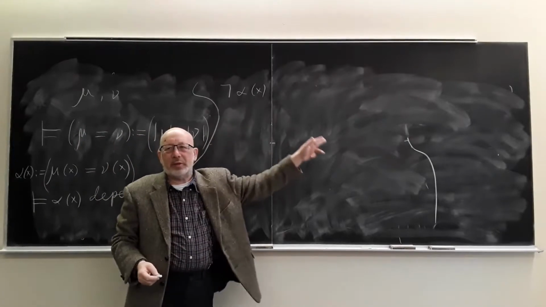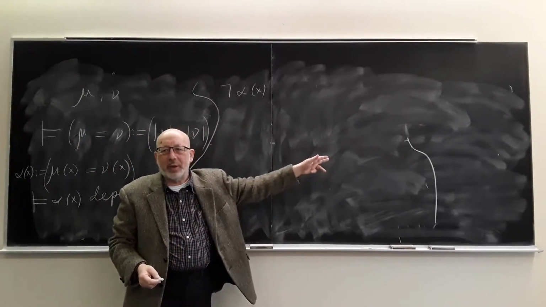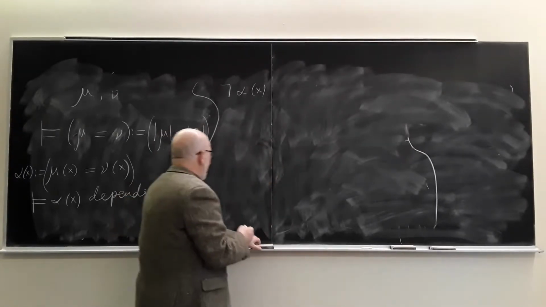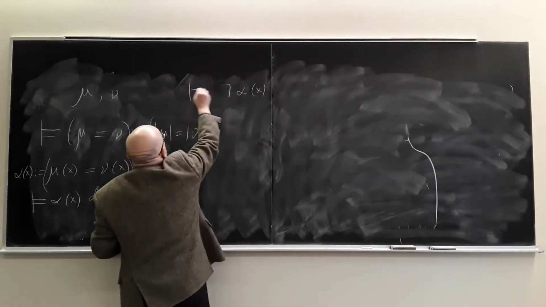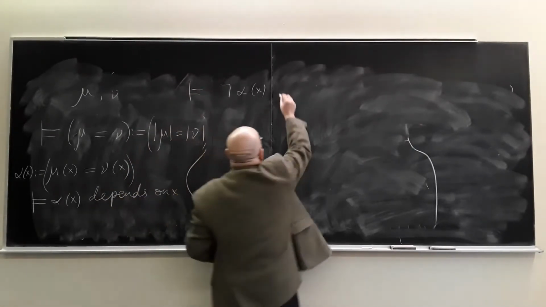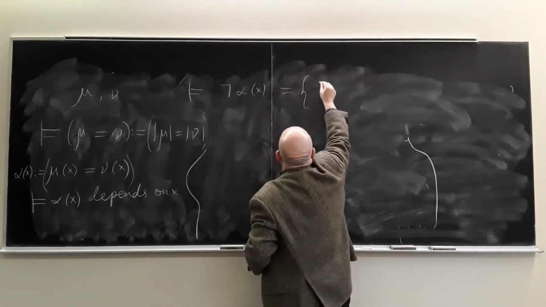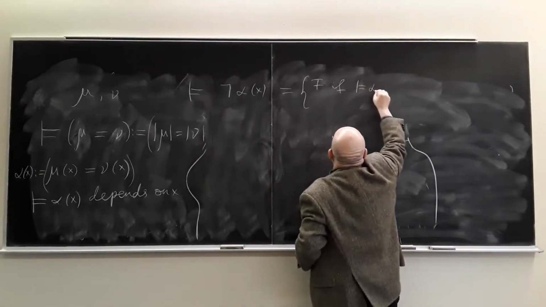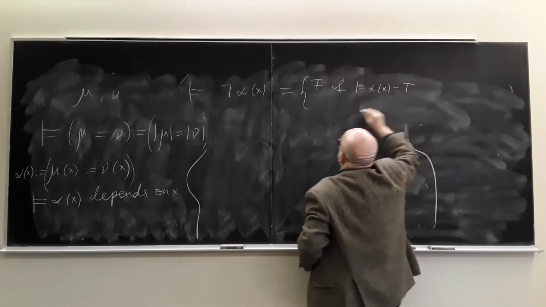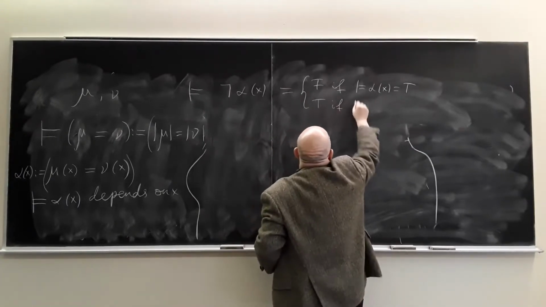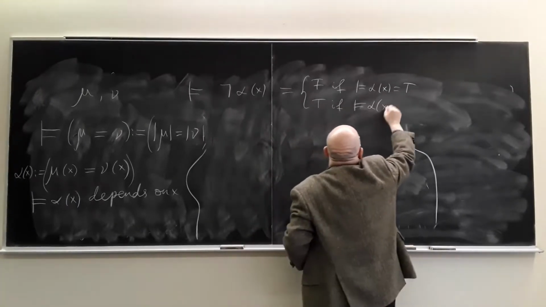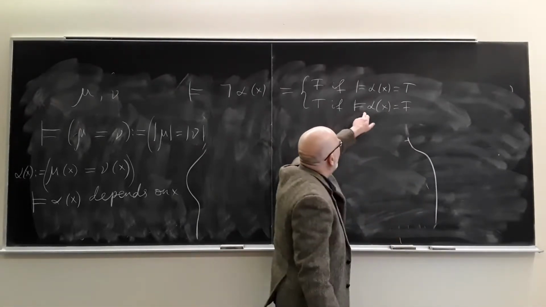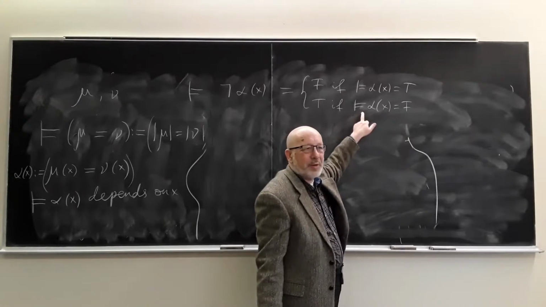X can be a string of symbols, a finite number of variables. So let me write all this: it equals false if alpha of x is true, and true if alpha of x is false. So this symbol again is read as the truth value of a statement.